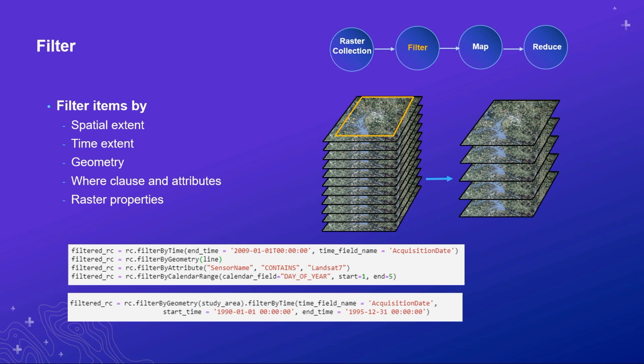For example, you define a line representing a river and find the images that cross the river, or you define a polygon and find the scenes within the polygon or across the polygon, and things like that. So there are many ways you can filter the items based on your project's requirements.